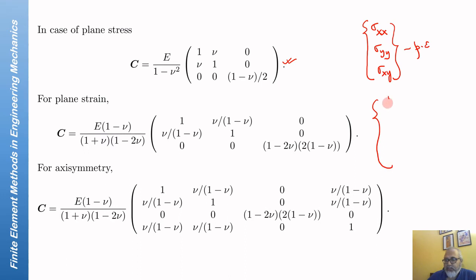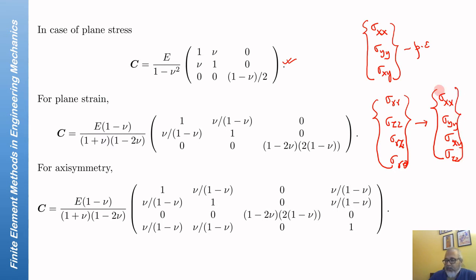And for axisymmetry, we are using sigma rr, sigma zz, sigma rz, and sigma theta theta, which actually map to sigma xx, sigma yy, sigma xy, and sigma zz if we replace r by x and z by y. Okay, so we have four stresses connecting four strains. So we have a 4 cross 4 stiffness matrix in case of axisymmetry, 3 cross 3 for both plane stress and plane strain.